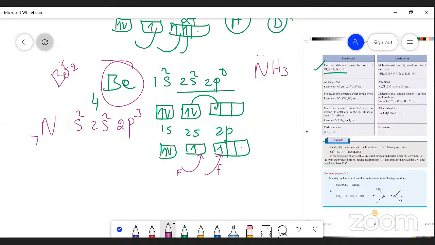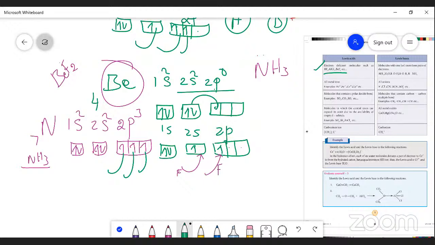In the ground state, and the excited state, if you write in the box, during the excitation the hybridization takes place. Because ammonia has 3 hydrogen atoms, that is NH3. All hydrogens will come up here and bond like this.